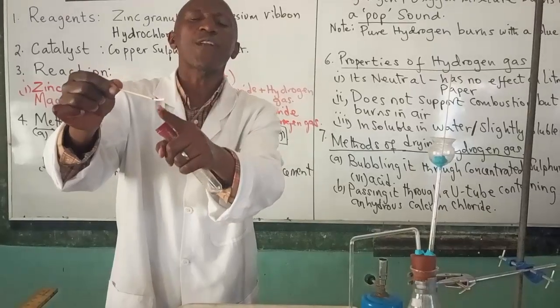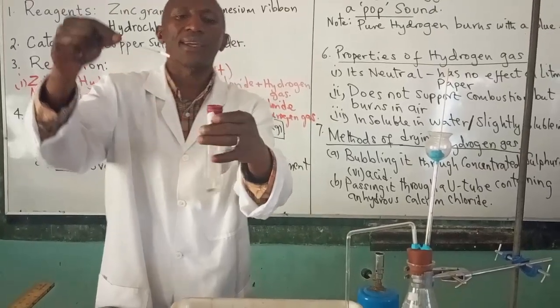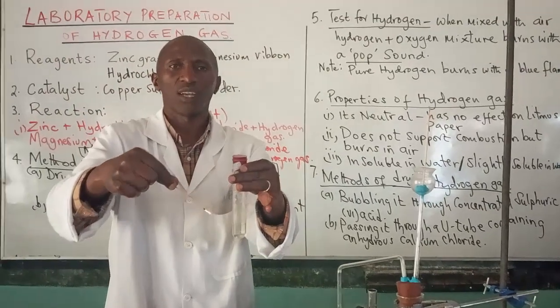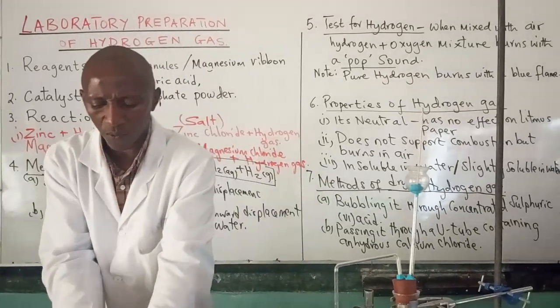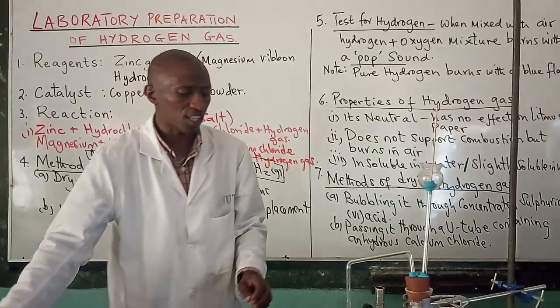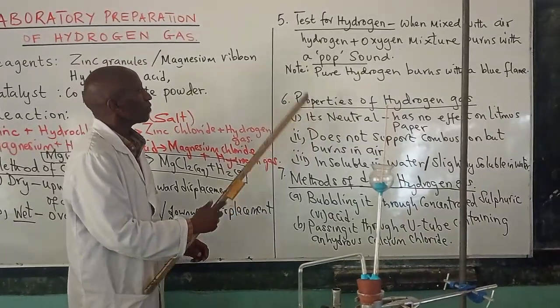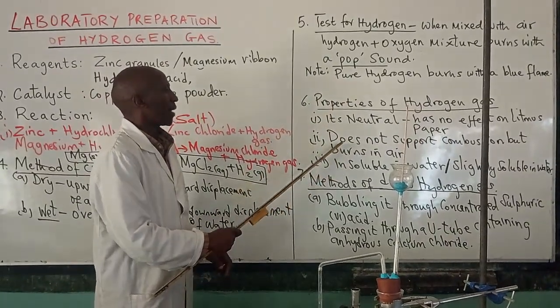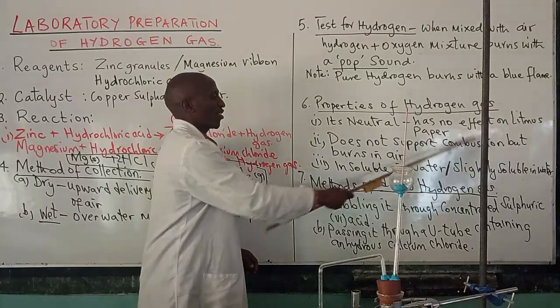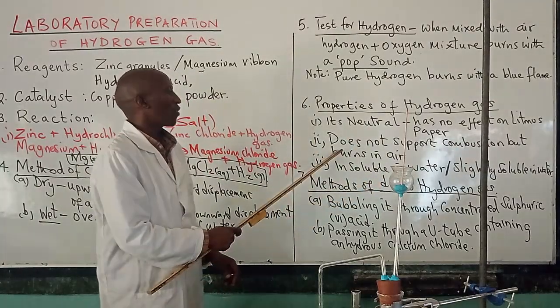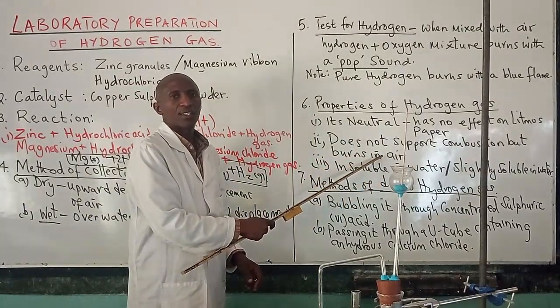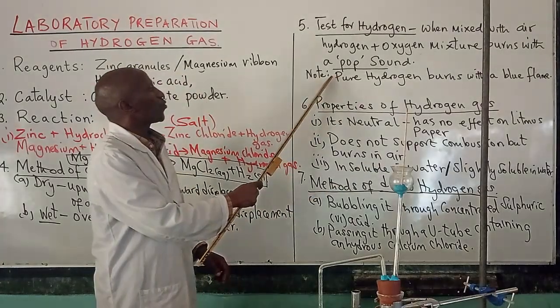There is no flame. It does not relight in hydrogen. That's the point that we are making at this level, that it does not support combustion, but only burns in air.